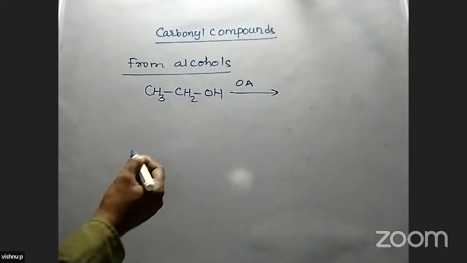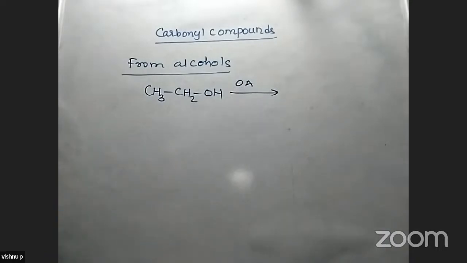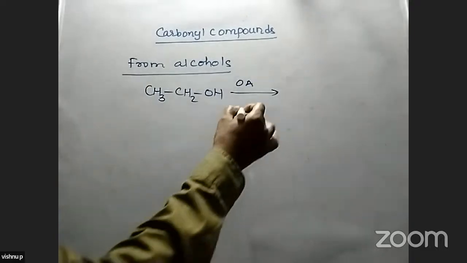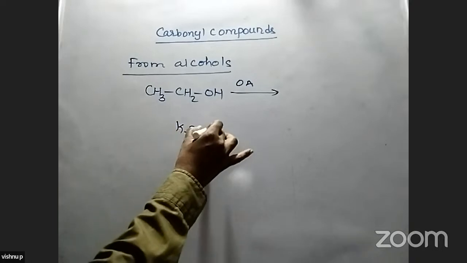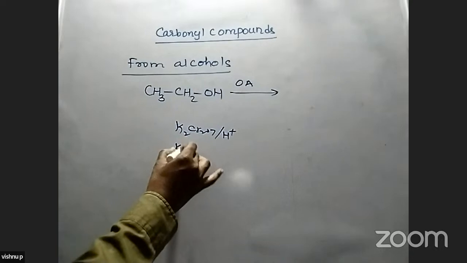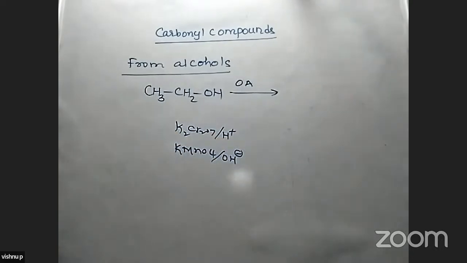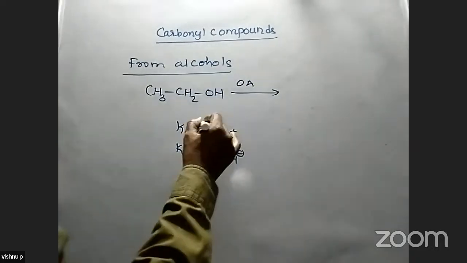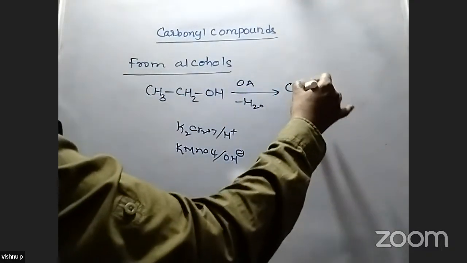Here, two types of oxidizing agents are there: strong oxidizing agents and weak oxidizing agents. But in this case, we use a weak oxidizing agent. What are strong oxidizing agents? Potassium dichromate in acidic medium or potassium permanganate in basic medium are called strong oxidizing agents. In presence of strong oxidizing agents, in the first step H2O is separated and we get aldehyde.